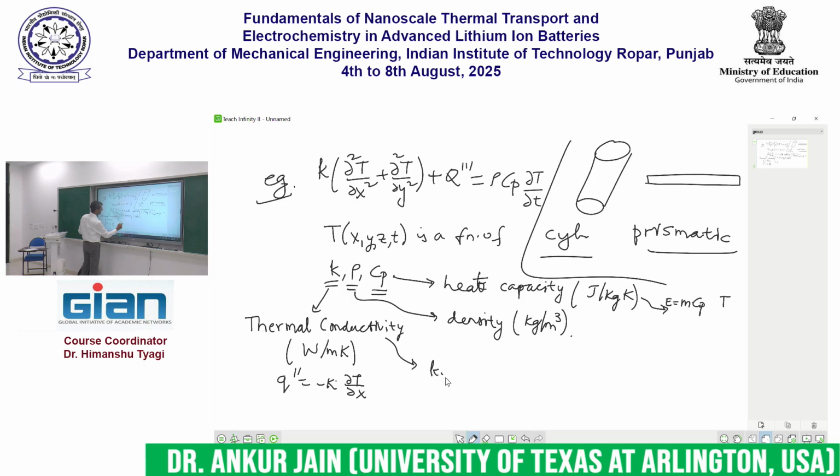So it is possible that I may have three different components of thermal conductivity, either kx, ky, kz, or kr, k theta, kz. In other words, for a given material, the thermal conductivity in the three directions may be different from each other. And we need to recognize that.